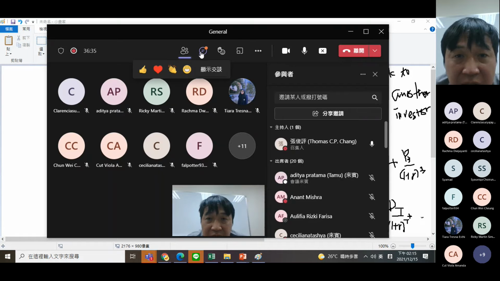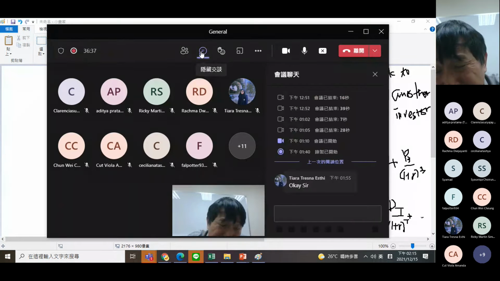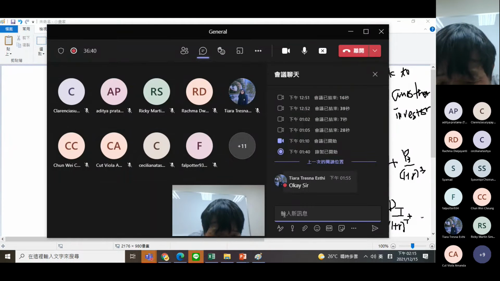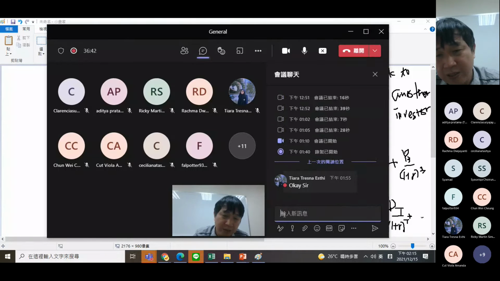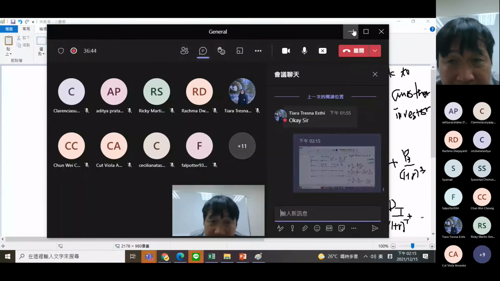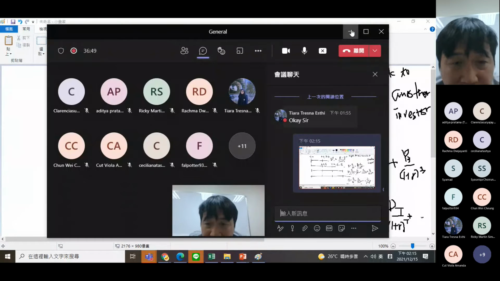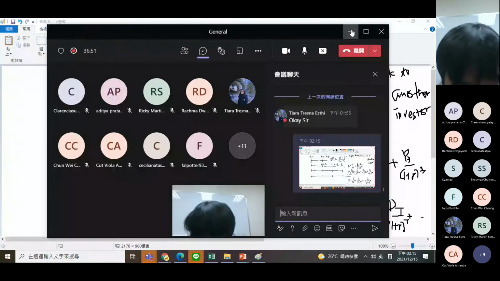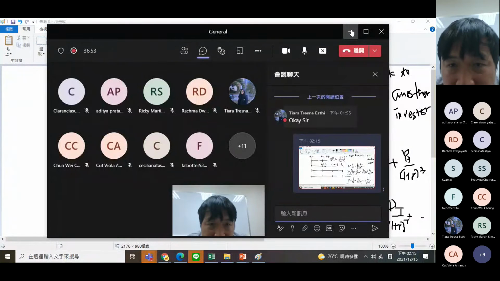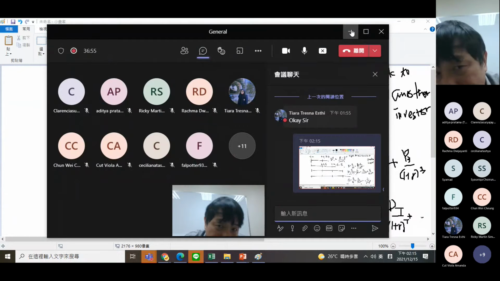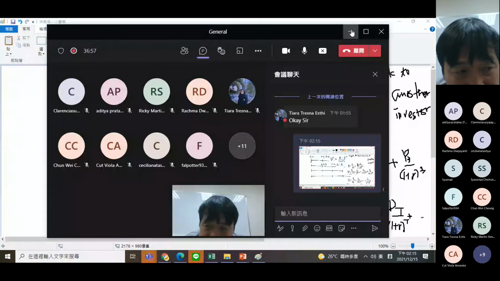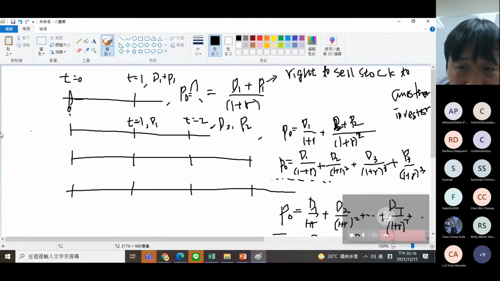I just want to let you know that the terminal date is important. In different cases, you have to think about that: what is its terminal date?